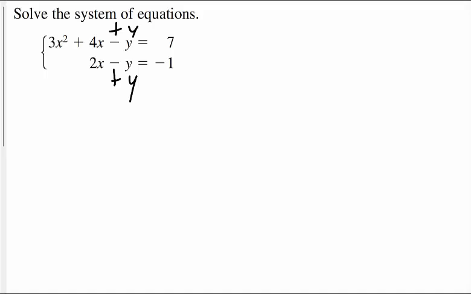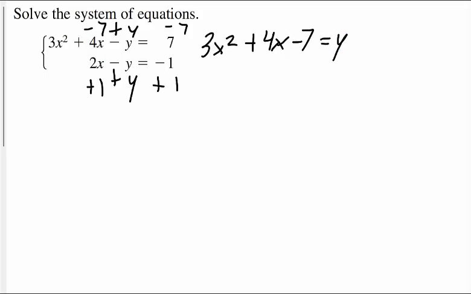and then I would subtract 7 and add 1. So I get 3x squared plus 4x minus 7 equals y, and I get 2x plus 1 equals y.